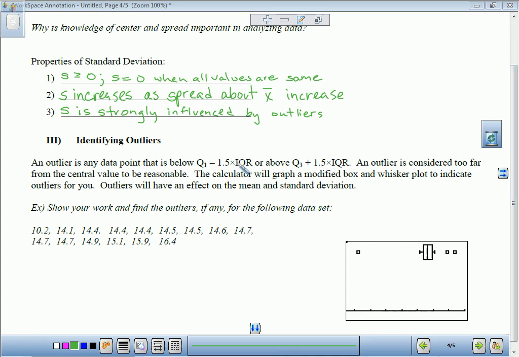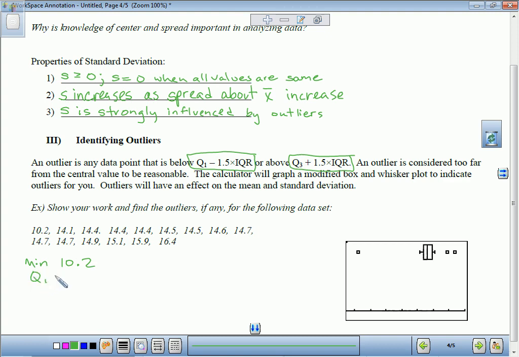Now, how do we find an outlier? An outlier is any data that exists below 1.5 times the IQR from Q1 or above 1.5 times the IQR from Q3. So if we were to enter this data set on our calculator, and I'm just going to give you the min of this data set is 10.2.